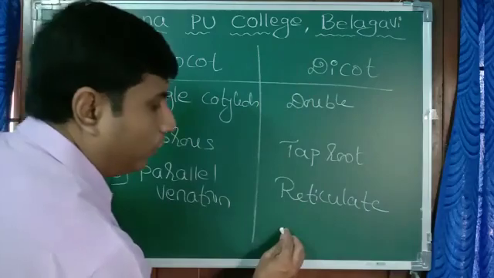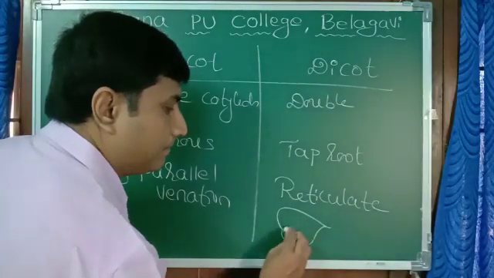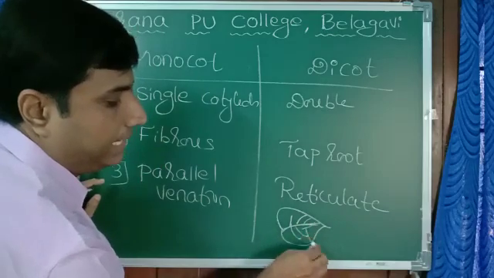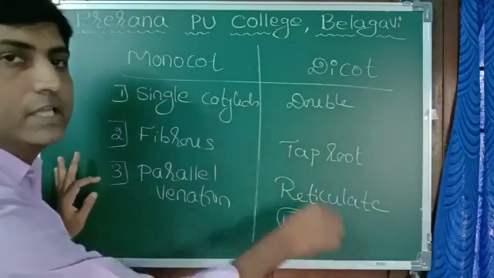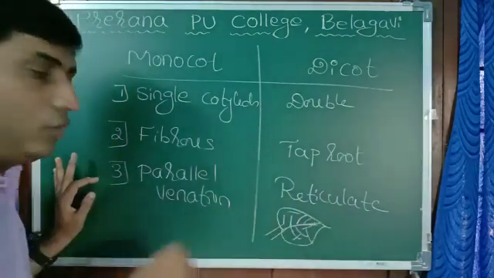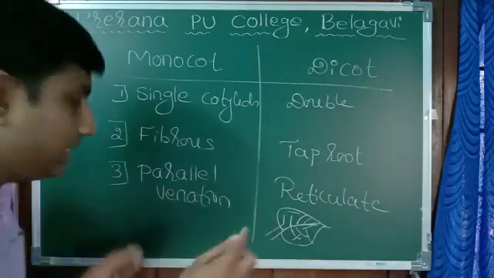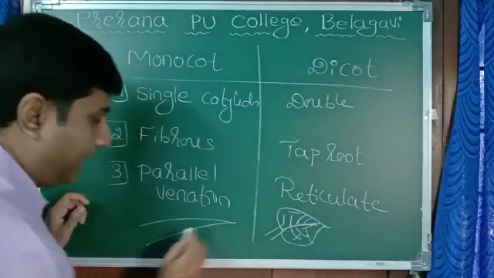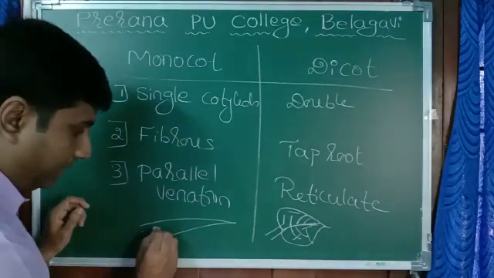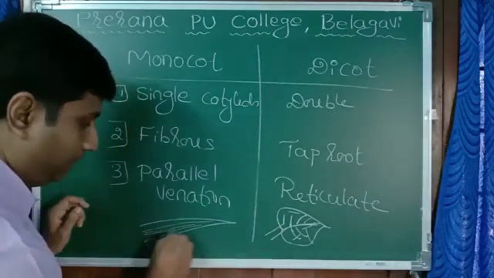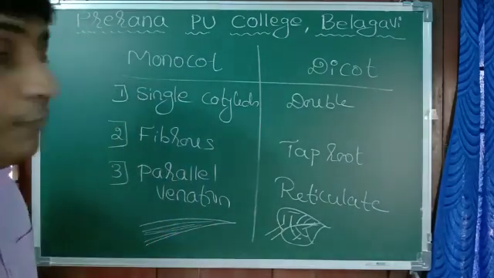Any dicot leaf will be like this. This is the midrib. These are veins. See, these branch like this, here and there, as in the case of hibiscus, as in the case of mango. Whereas here, you take one leaf of coconut or grass, a single leaf, and the veins are parallel like this, one below the other, nicely arranged. This is parallel venation.